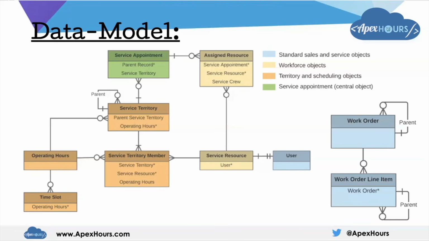They typically represent geographic territories such as cities or counties, but may also represent functional divisions like sales versus service. A work order can be associated with one service territory. Service resources are assigned to one or more service territories as service territory members to indicate that they are available to work in the territory.